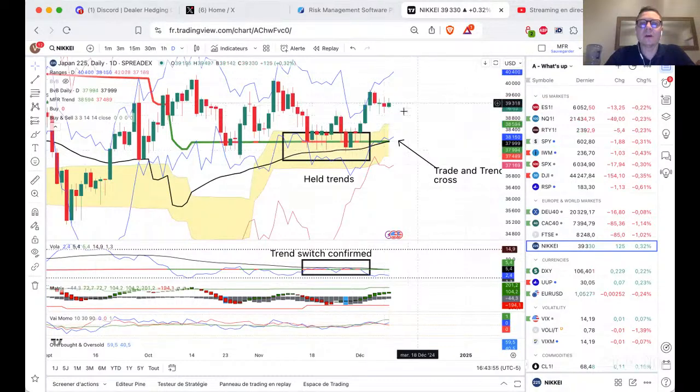So watch for the next few weeks. If you want to buy Nikkei, there will be a dip to buy and probably a push higher, and then you can decide if it can become a long-term trade, or just okay, getting stopped out if we break trend again. But to me, this is a big change for Nikkei.